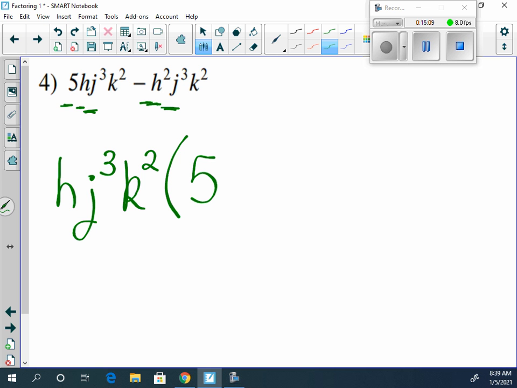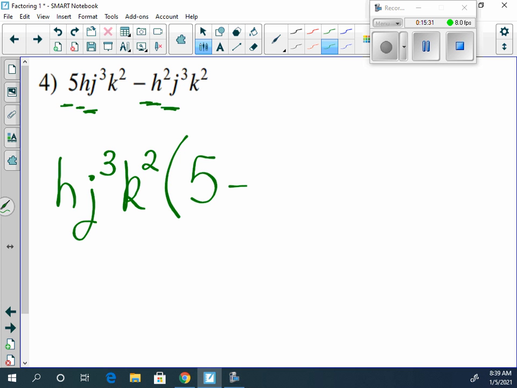So I pulled one h out of one h, so the h's are gone. J to the third, I pulled out how many? 3, so they're gone. K squared, there's 2 k's, I pulled out 2, so in the first term we're only left with 5.